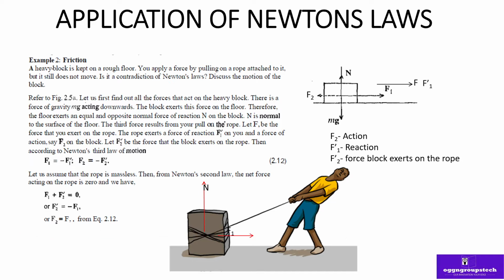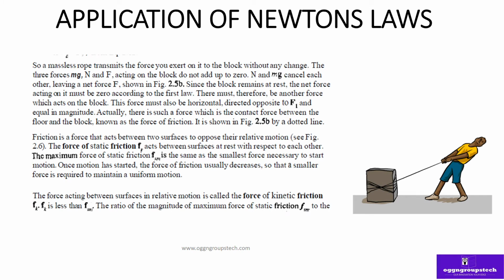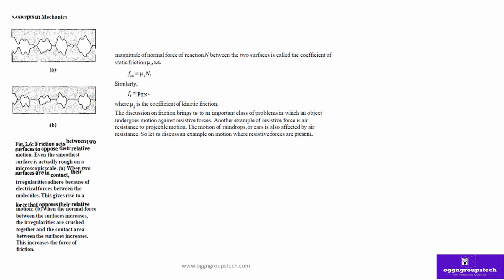The normal is in the upward direction and mg is in the downward direction, and F2 and F1 are anti-parallel, in opposite directions. Then we have the coefficient of static friction, that is F is equal to mu s into N.